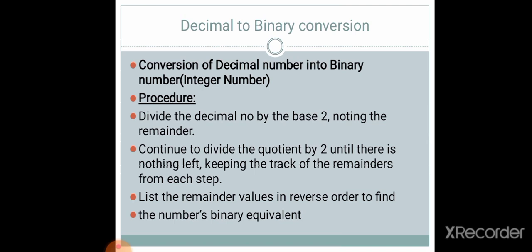Then continue to divide the number by 2 until there is nothing left. Keep track of the remainders from each step. List the remainder values in reverse order to find the number in its binary equivalent. Now from the rules you may not be able to understand, but we'll see how to do it with the procedure.